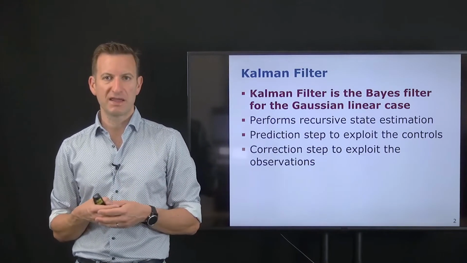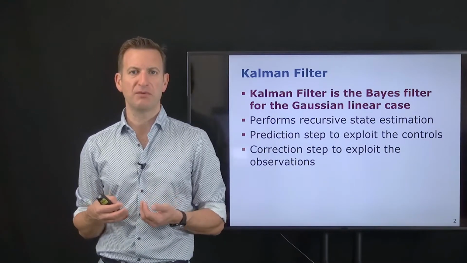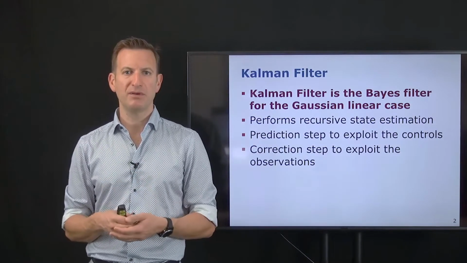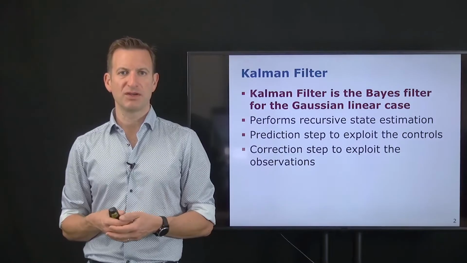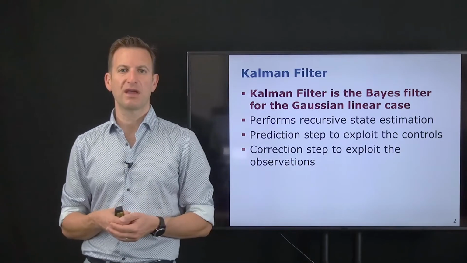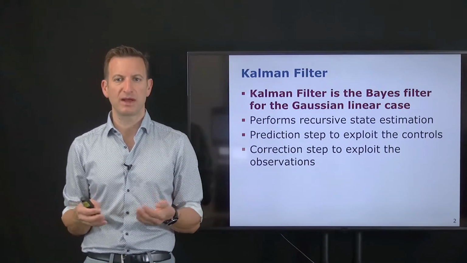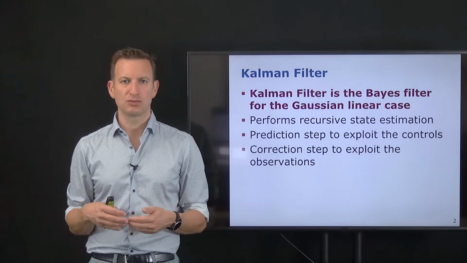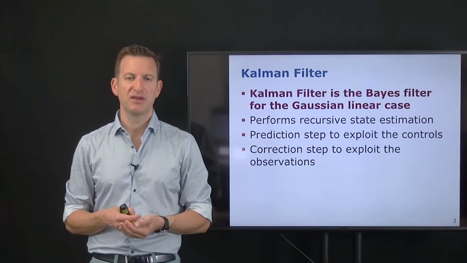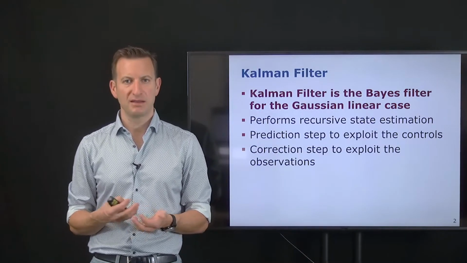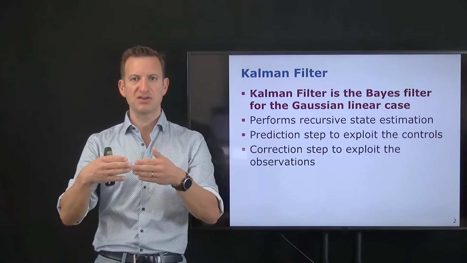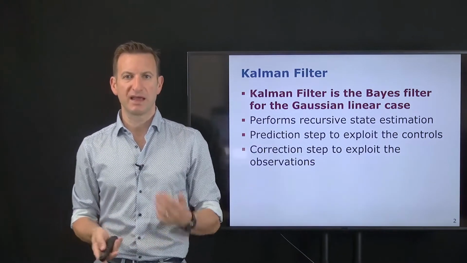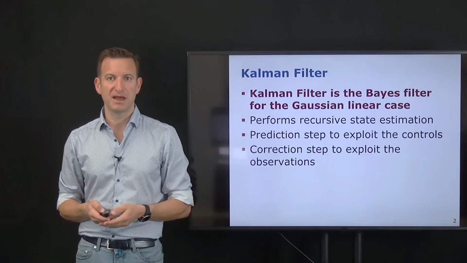And for taking into account the control commands, we perform the so-called prediction step. So we predict what's going to happen given the control information that we have. And the second step, according to the Bayes filter, is the correction step, which takes into account the observation in order to correct for potential mistakes that we have made in the prediction step. So we perform a prediction, then we correct it, then we perform a prediction, and then we correct it again. That's the key idea behind the Kalman filter.